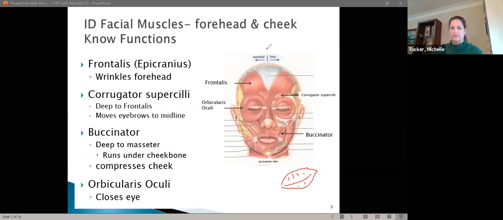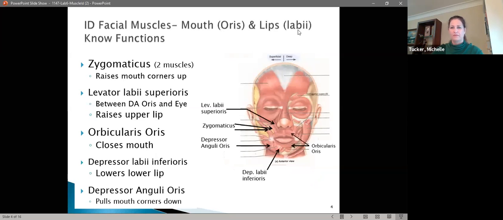We also have another orbicularis muscle called orbicularis oris, which is going to surround the mouth. So oris comes from oral, meaning mouth, like the Oral-B toothbrushes. When this muscle contracts, it's going to close the lips and kind of poof them out a little bit, protrude them.